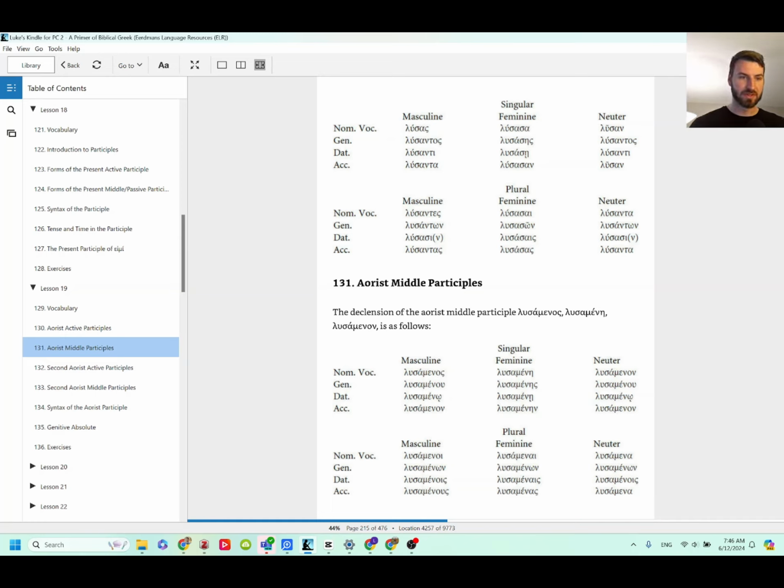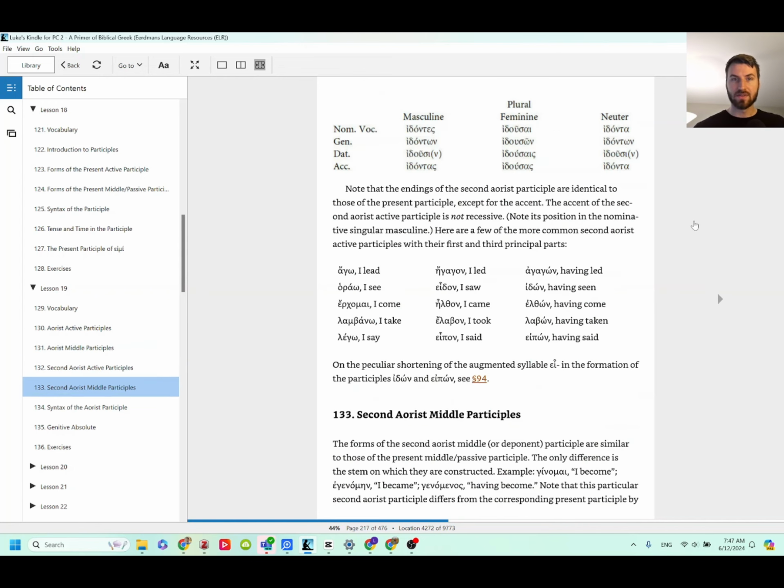We'll get to those later. Middle participles use men, and then second declension, first declension, and second declension in the neuter. So 2, 1, 2 in the middle, 3, 1, 3 in the active. The endings are all the same, so there's nothing really new to learn, except that rather than an omicron, you have a sa, which is what you'd expect with the aorist. So the endings for the aorist shouldn't be too hard.